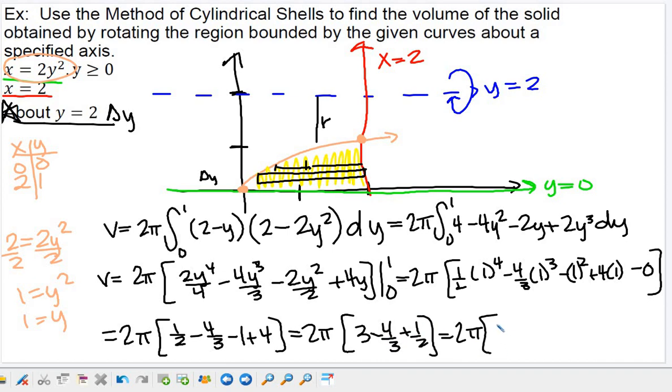So 3 is 18 over 6, minus 8 over 6, plus 3 over 6. So that'll be 18 minus 8 is 10, plus 3 is 13 over 6 times 2 pi. The 2 and the 6 will reduce to 13 pi over 3. 13 pi over 3.